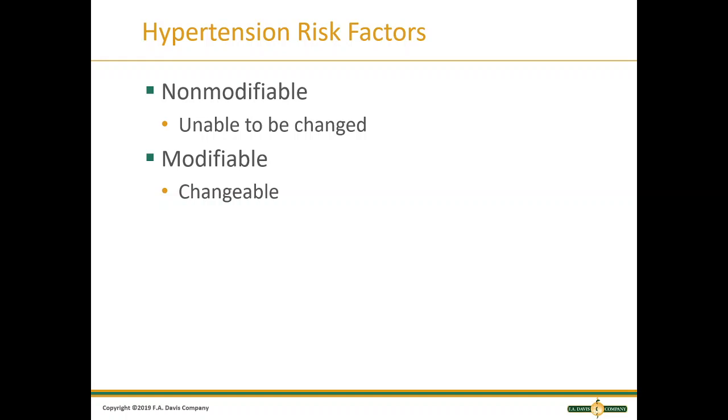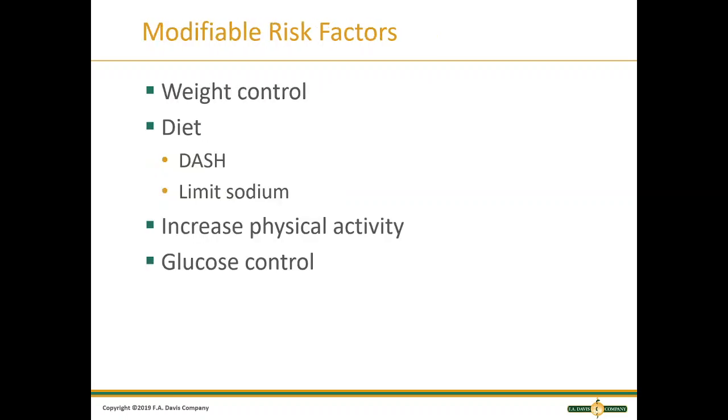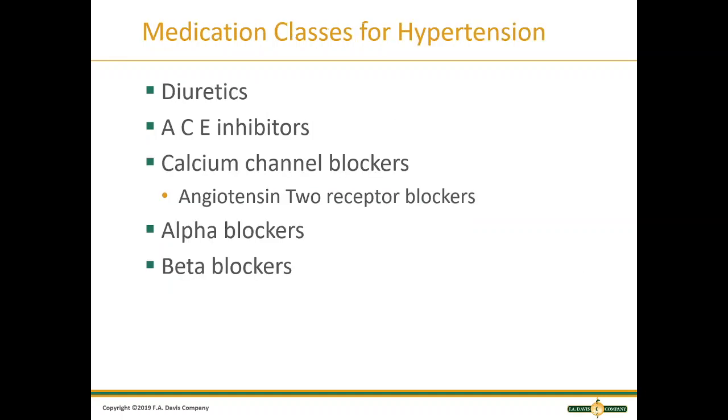Things that you can change and things that you have no ability to change, like your race, your sex, your genetics, what you inherited. The things you can change: lifestyle, your diet, your stress levels, those types of things. So that's what all of these are reviewing here.